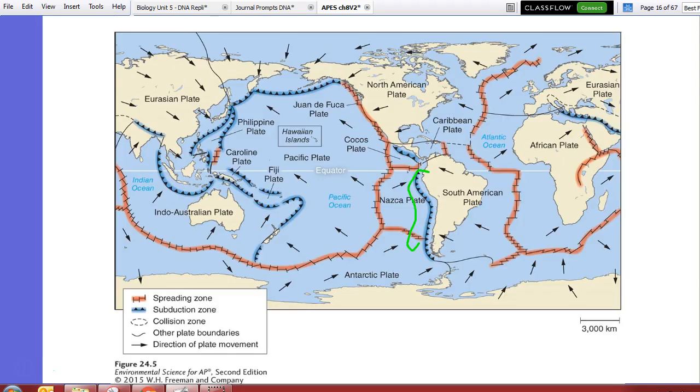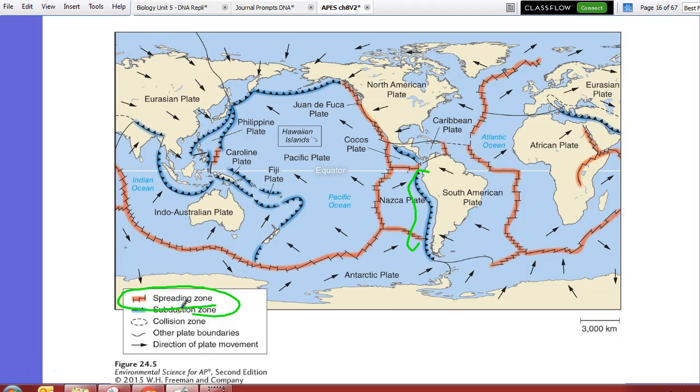So if we look at this map, okay, spreading zones are in red. Where do we see a lot of them? Spreading zones, where are the red lines? In the oceans, right? So what you can write down on your note packet is that where are they found? Typically in the middle of oceans.